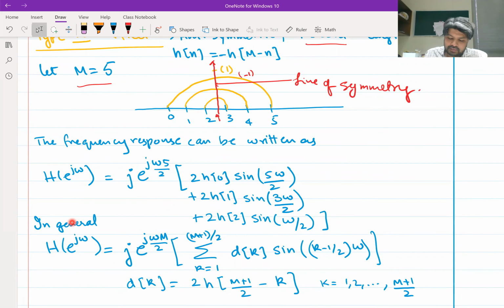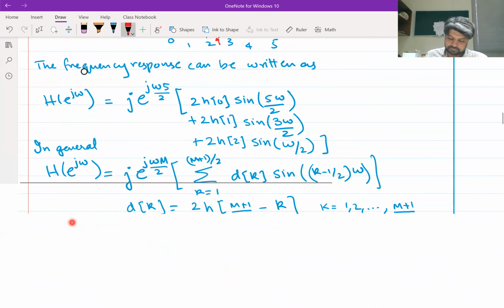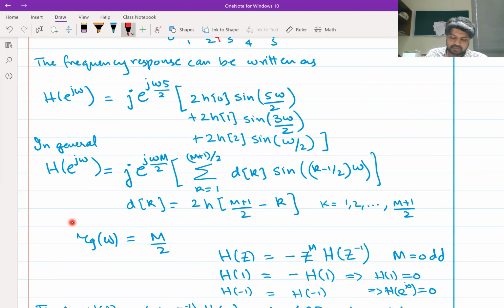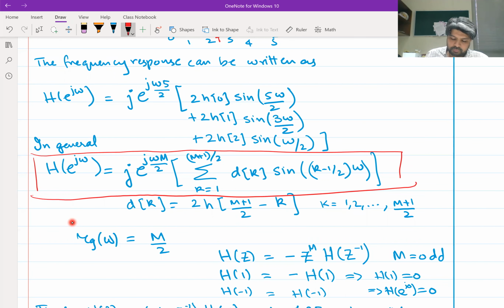So you can directly write, right? I've directly written the frequency response as j would come, for obvious reason, e to the power j omega 5 by 2, 2 times h of 0 times sine of 5 omega by 2 plus 2 times h of 1 times sine of 3 omega by 2, 2 times h of 2 times sine of omega by 2. And hence you can write in general h of e to the power j omega to be equal to this guy, where dk would be equal to 2 times h of m plus 1 by 2 minus k, where k varies from 1 to m plus 1 by 2.